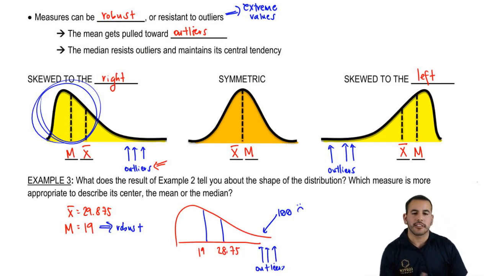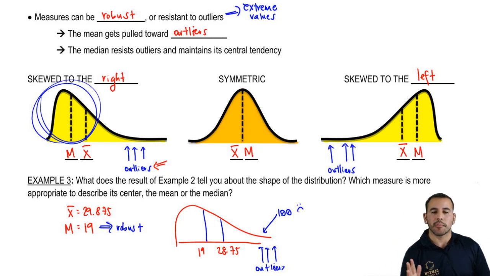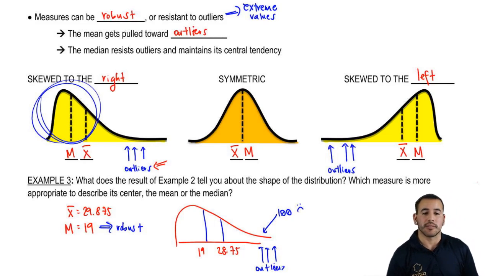That's the one that's the outlier. It's the extreme value. It's pulling our mean towards the right, and that's why we end up seeing 28.875 versus 19, because the 19 stays robust, which is the median, and the mean just gets pulled whichever way the outliers are.